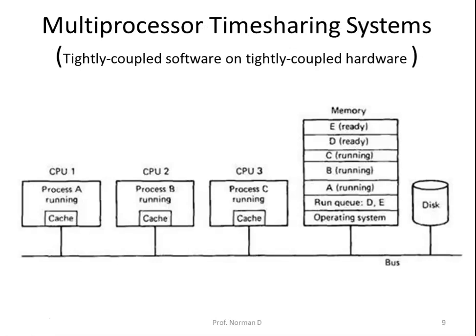And finally, we move towards the last combination, that is, we discuss the multiprocessor time-sharing system. So basically we are discussing tightly coupled software on tightly coupled hardware. While various special purpose machines exist in this category, the most common general purpose examples are multiprocessors that are operated as a Unix time-sharing system, but with multiple CPUs instead of one CPU.